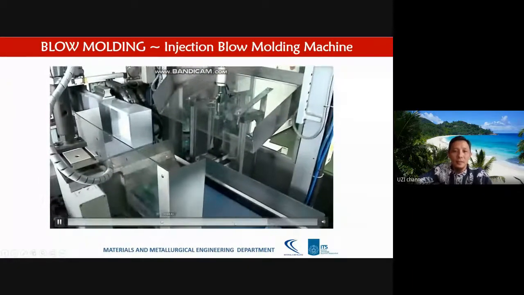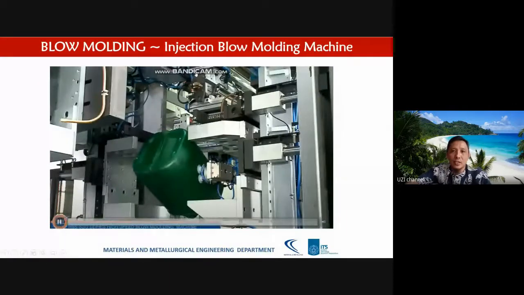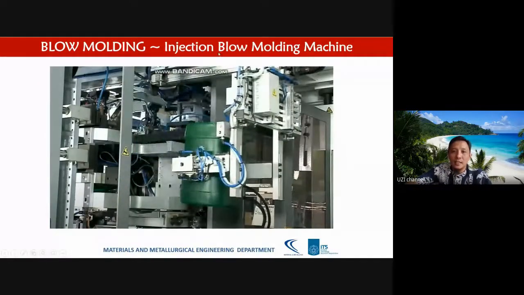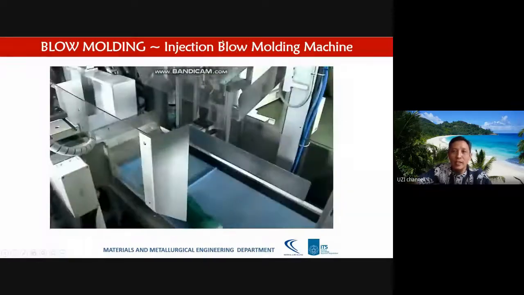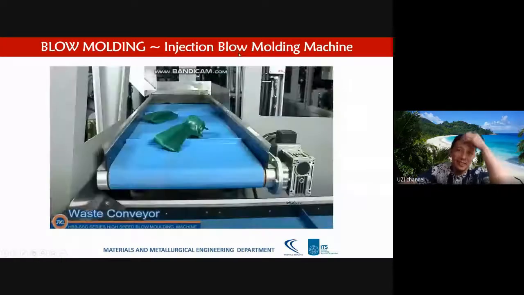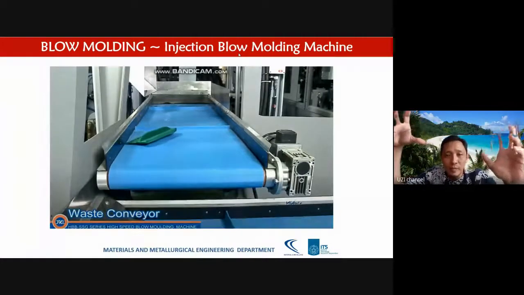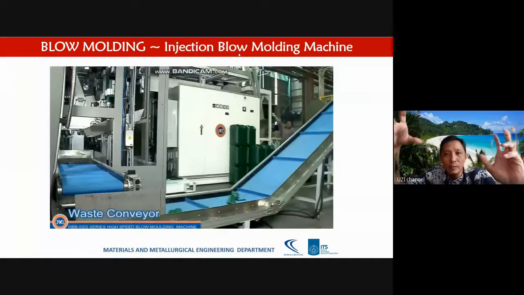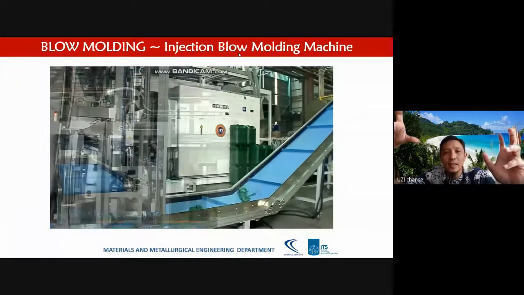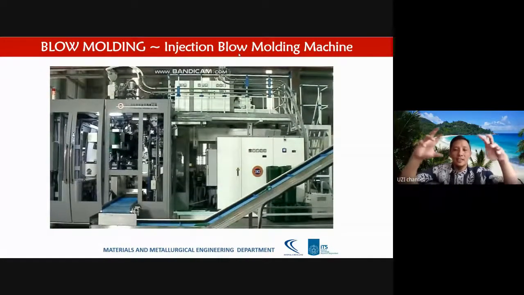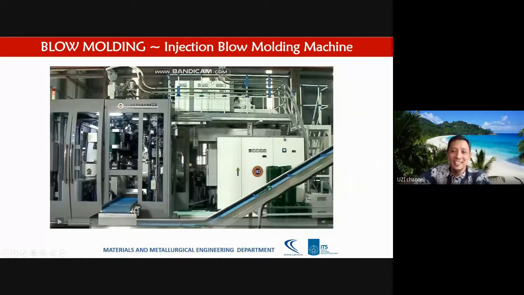The very basic difference of injection molding with injection blow molding is the existence of blowing. So the final product of the polymer is formed with the blowing process.